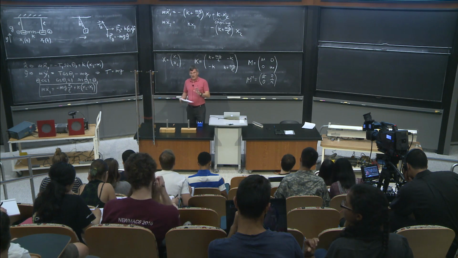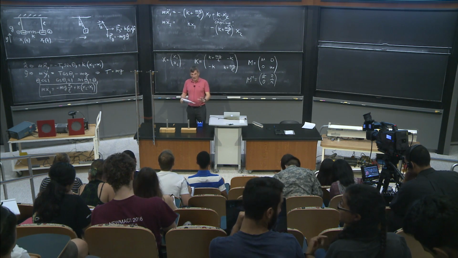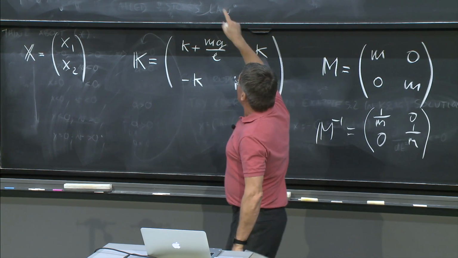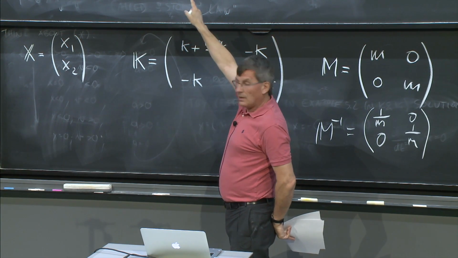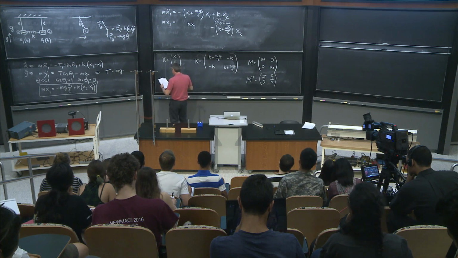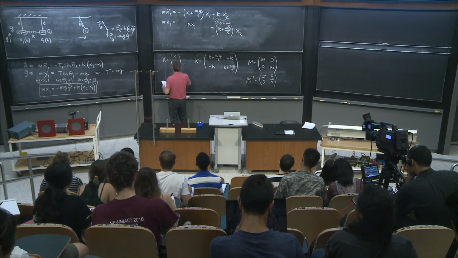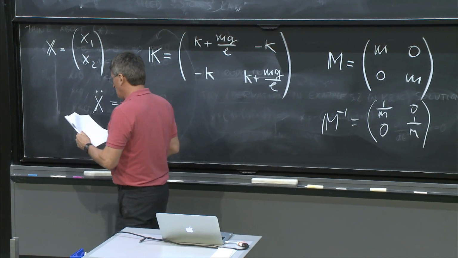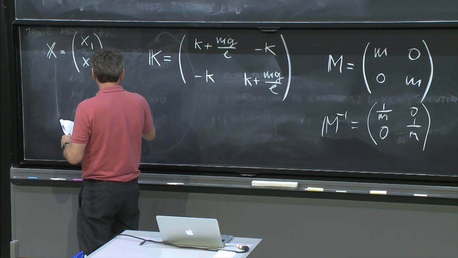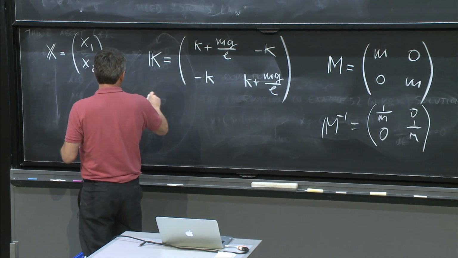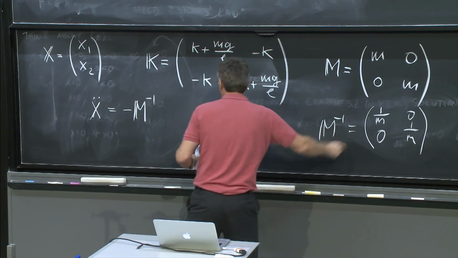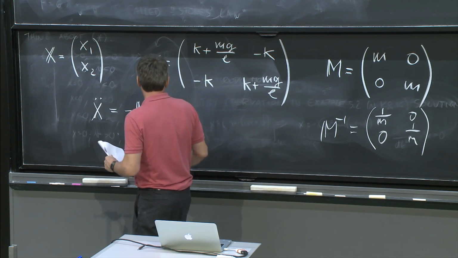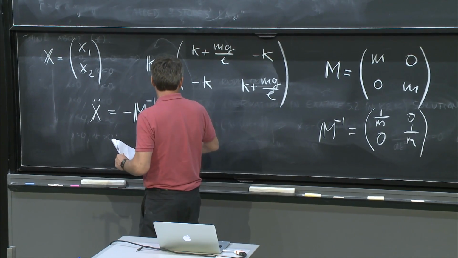Okay, and it turns out that after I introduce these matrices, this set of equations can be written simply as the second derivative of the vector capital X is equal to minus M to the minus 1, this matrix, multiplying matrix K, and then multiplying vector X again.